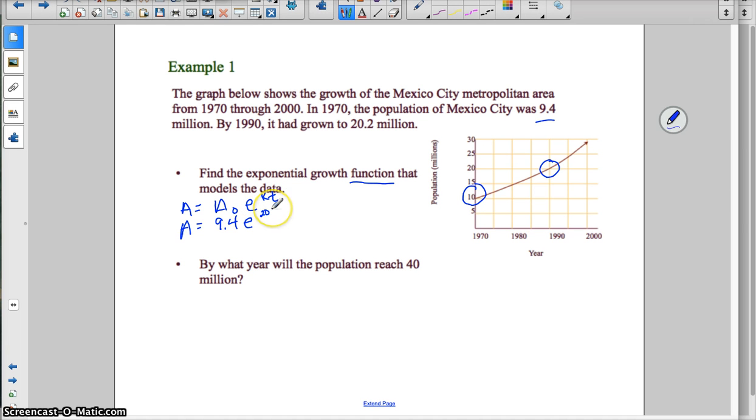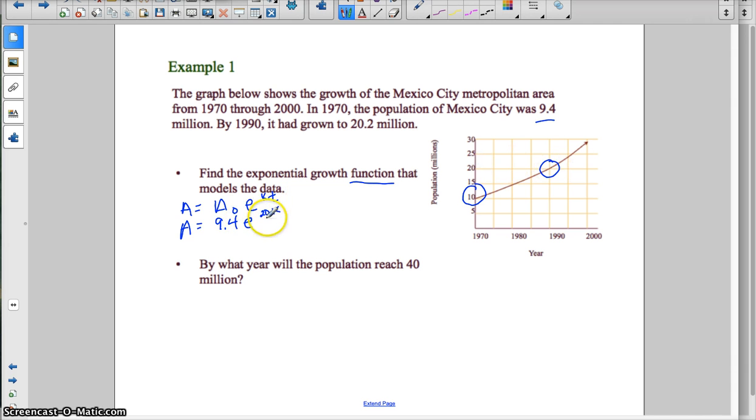I do not know k, but it is possible to find k. If we want to find the growth rate, we need to find what amount corresponded to 20 years. So we know that 20 years into this data, the population was at 20.2 million.